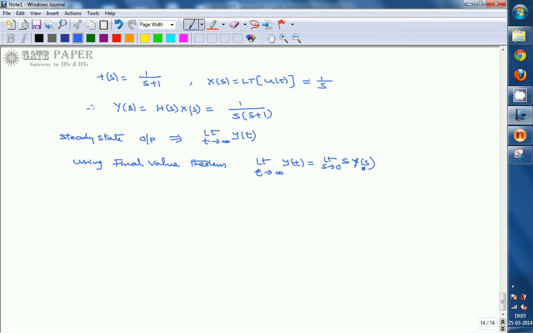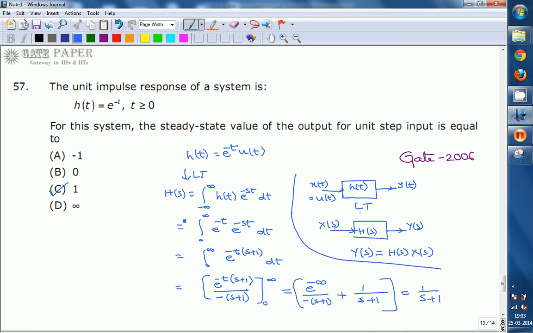So we will get limit s tends to 0 of s into y of s, which is 1 by s into s plus 1. So s will get cancelled, and by substituting s equals 0, we will get the final value equal to 1. That's the answer given for the question, that is 1.